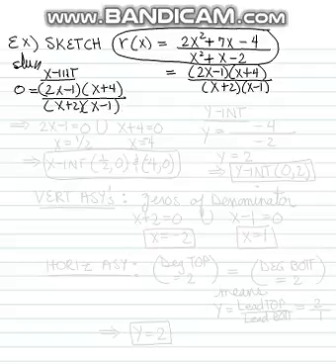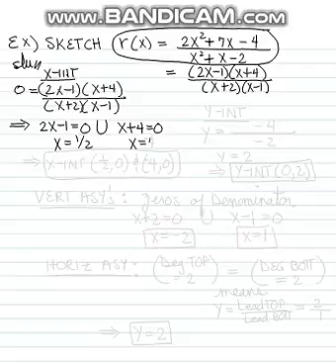We recognize that a fraction can only equal 0 when the numerator is equal to 0. So 2x minus 1 equals 0, or x plus 4 equals 0. Solving each, you get x equals positive 1/2, and x equals negative 4.